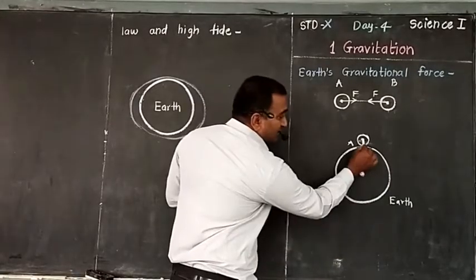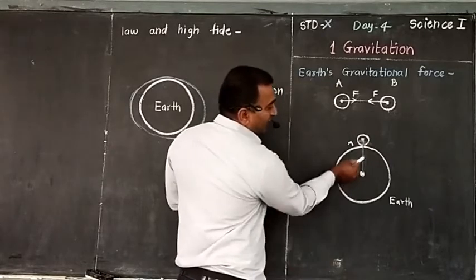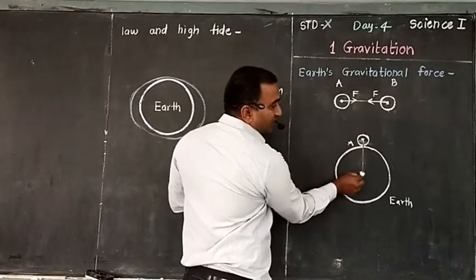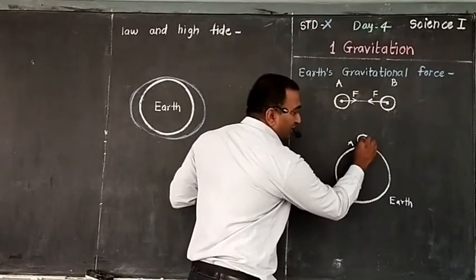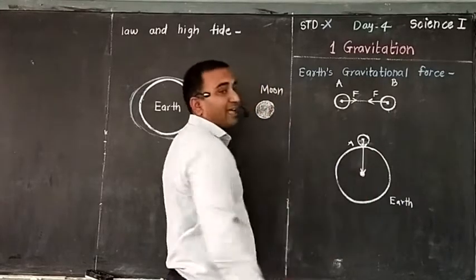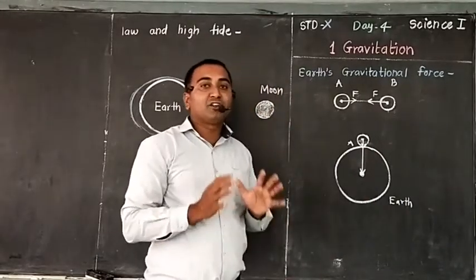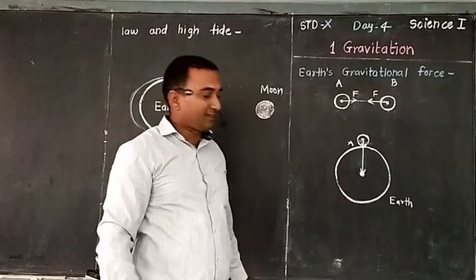When we join this line, it is a line joining the centers of mass of the two objects, and the force is along this line, towards the center. So the earth's gravitational force is towards the center of the earth.